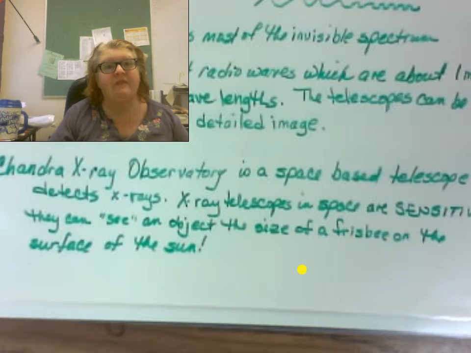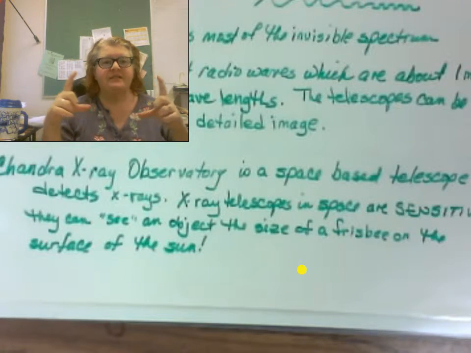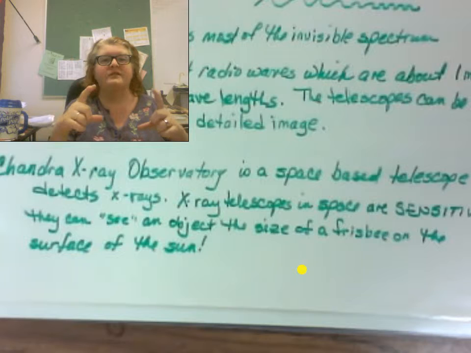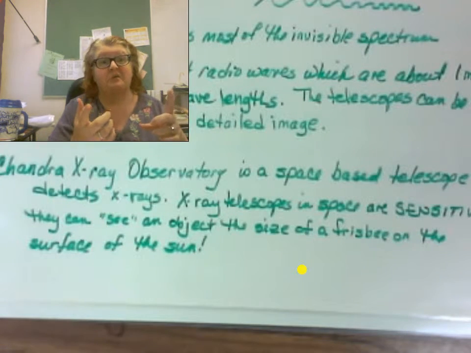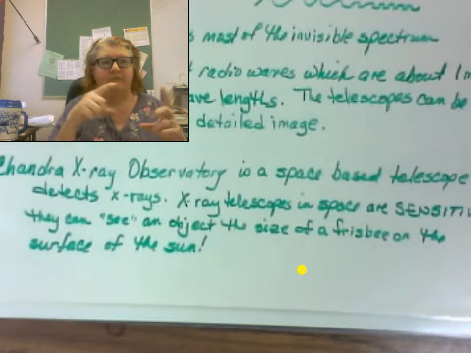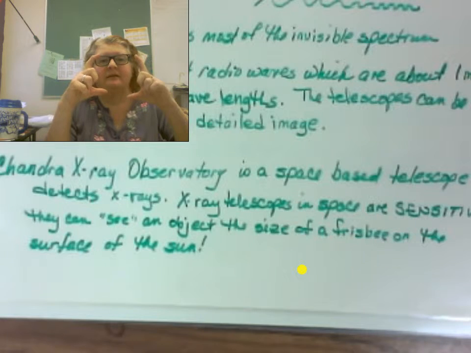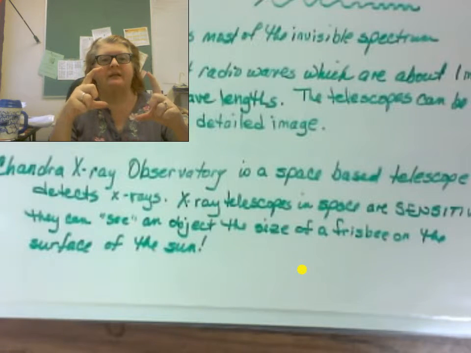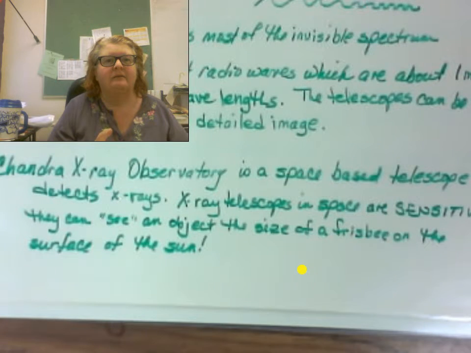They can see things so clearly and at such a distance that, for instance, if you put something about the size of a frisbee on the surface of the sun, besides the fact that it would melt, and you would die before you got it there, the X-ray telescopes could see that.